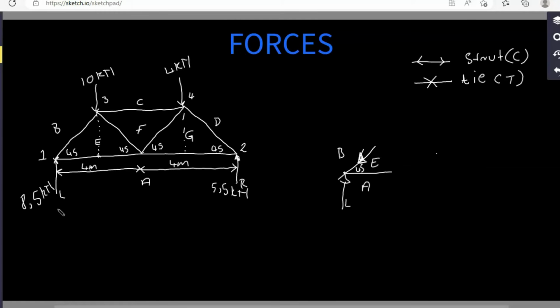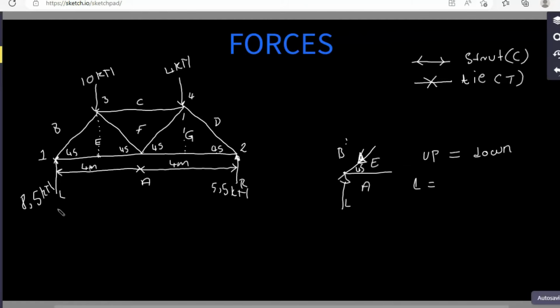And then I'm going to say the upward forces are equal to the forces going down. We have a force that is going up, and that force is L, equal to a force that will be going down.